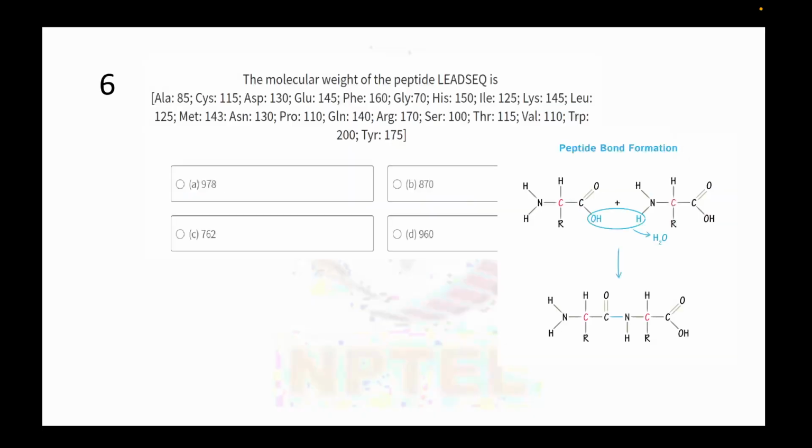Before answering, kindly make a note of how a peptide bond is formed.